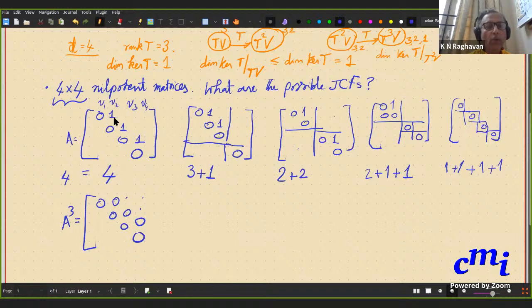Let me draw a picture here. You see here, V4, what is the image of V4 under A? By the matrix, everything is 0 except just above the diagonal. Where is V4 mapped to?